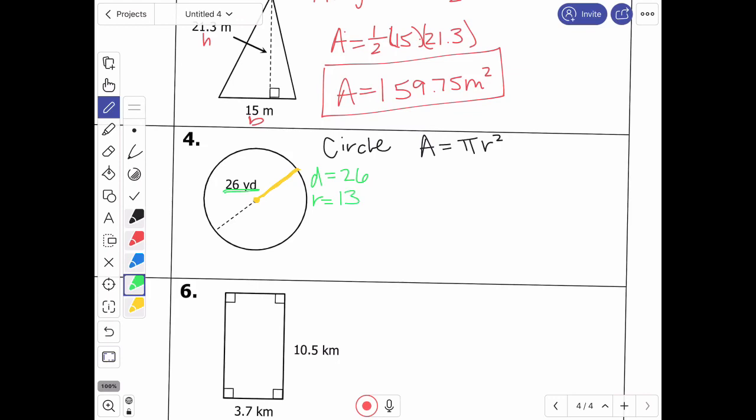Okay, so now I have everything, and I can just plug in r to this formula to get area is pi times 13 squared. Okay, reminder, use the pi button, not just 3.14. I mean, you can use 3.14, but you're just not going to get as exact as I would. So area equals 530.93, and then we're in yards squared.